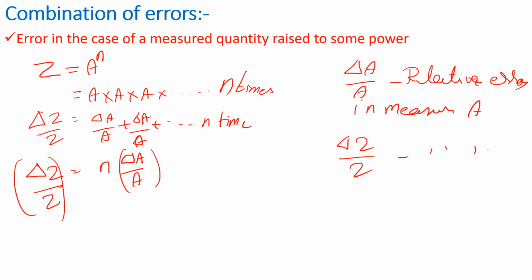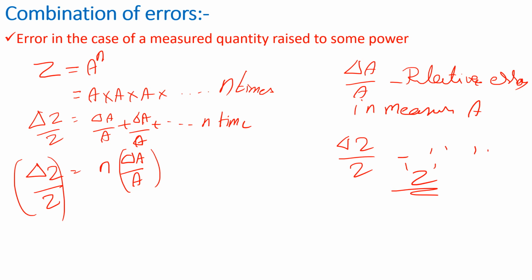It is nothing but the relative error in the measurement of Z. So how to obtain it? Delta Z by Z, where A to the power n is A into A into A, n times. Now what is delta Z by Z? From the product rule, the previous one we have discussed.